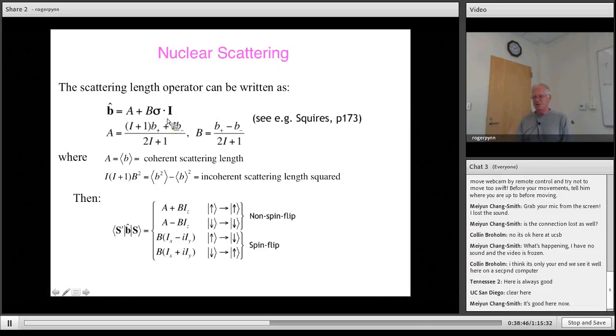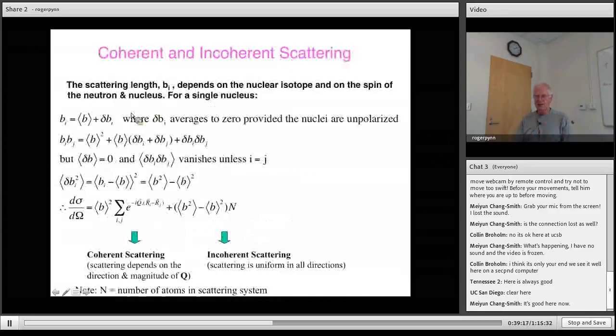of the nucleus. Now the isotopic spin incoherent part, that is the piece which just depends upon whether you have different isotopes, is actually not dependent on this spin, and so is actually in here, if you think about it. In other words, if there are different isotopes, then the different isotopes will have different values of this thing, and that will give rise to incoherent scattering, just as I said here.